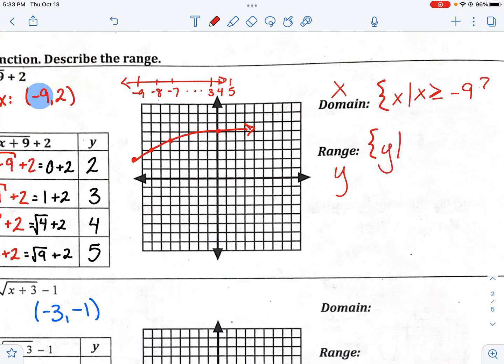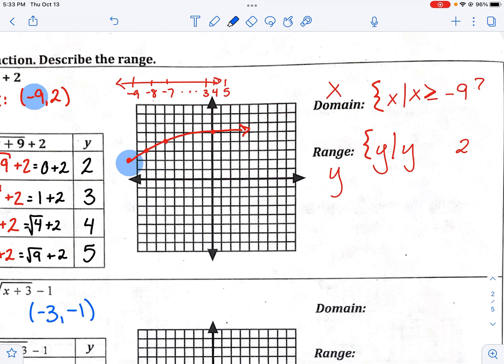For the y, where did I start? Well, how high up did I start on that number line? I started 2 above the middle. I started at +2. Well, how else could I have known that without graphing? I can look at the vertex. That number comes from the vertex. I started at 2 for my y.